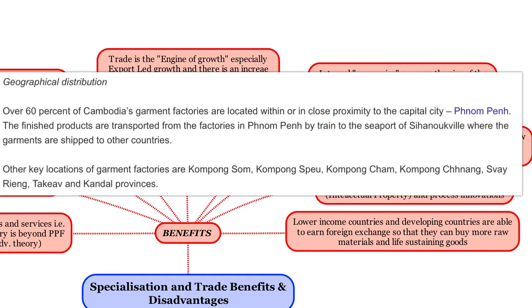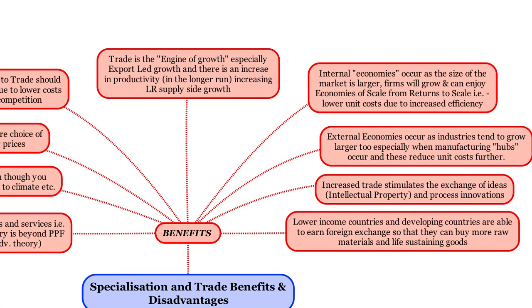And this leads us to consider what we call external economies of scale. That is when the industry as a whole grows. So internal is when the firm grows. External is when industries grow together. They become big manufacturing hubs, and they then also get lower unit costs because of what you're going to learn in micro, what we call external economies of scale.